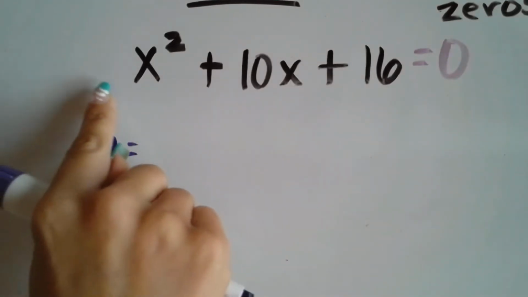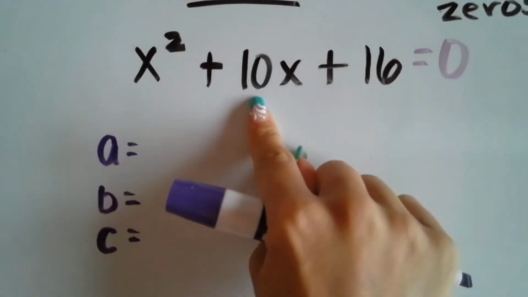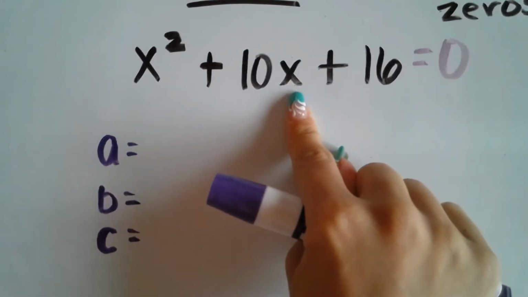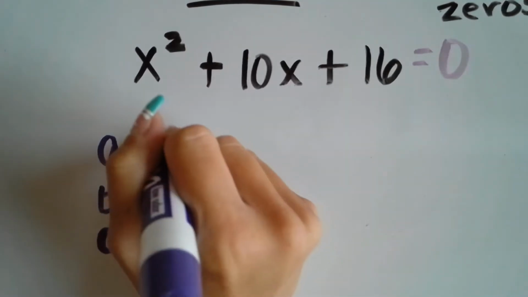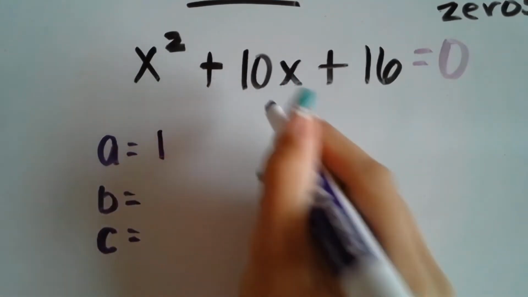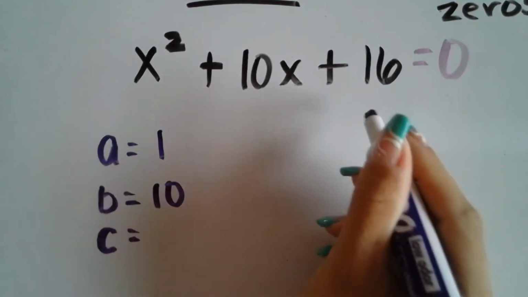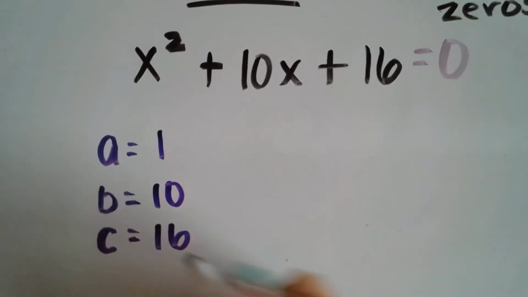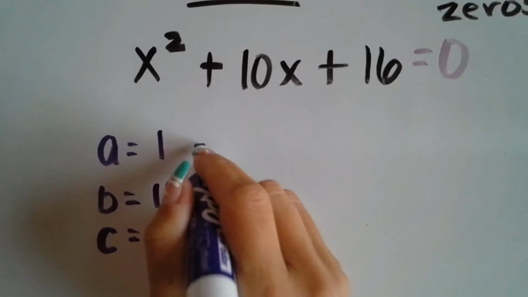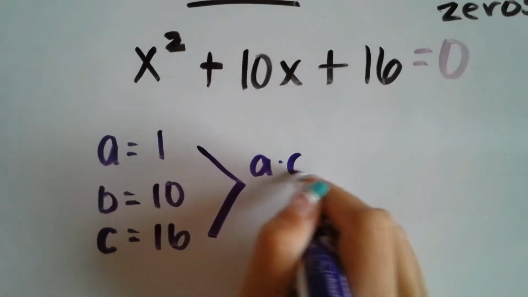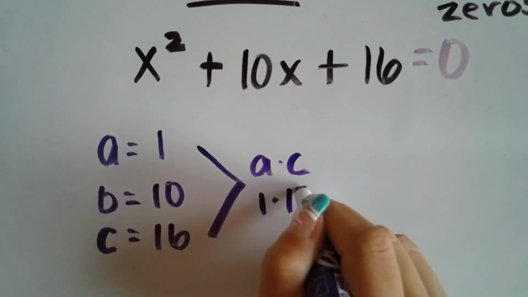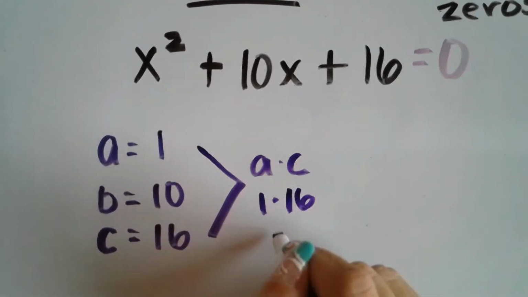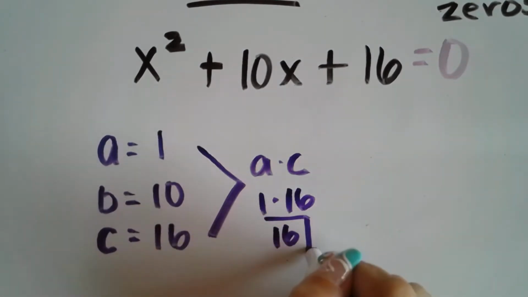Our A goes with anything with the x squared, our B is anything with just our x, and this is our C. So our A is 1, our B is 10, and our C is 16. The next step, we have to determine what our A times C is. Our A is 1 times our C is 16, and 1 times 16 is 16.